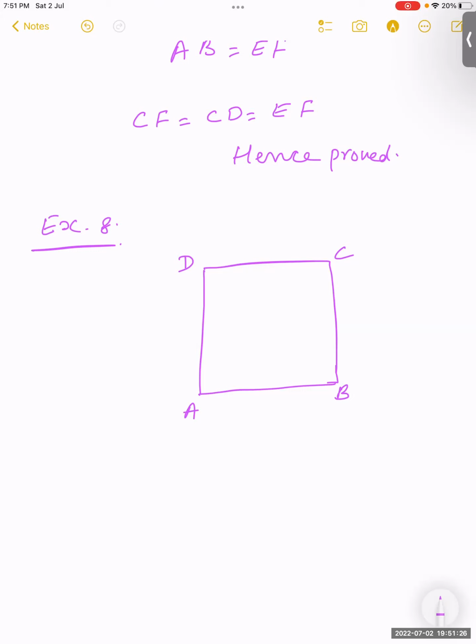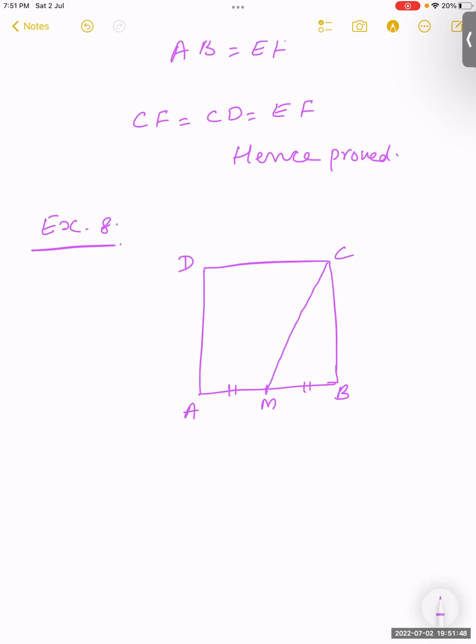Before that, they are talking about M. M is the midpoint of AB. Fine. So we have M. So this side and this side are going to be equal. Now PQ is perpendicular to CM. What is CM? CM is just a line. They are connecting C and M. That's it.